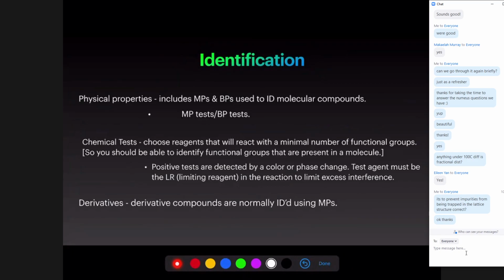Your test agent must be the limiting reagent in the reaction to limit excess interference. Next, derivative compounds are normally ID'd using melting point. Sorry, misspoke.